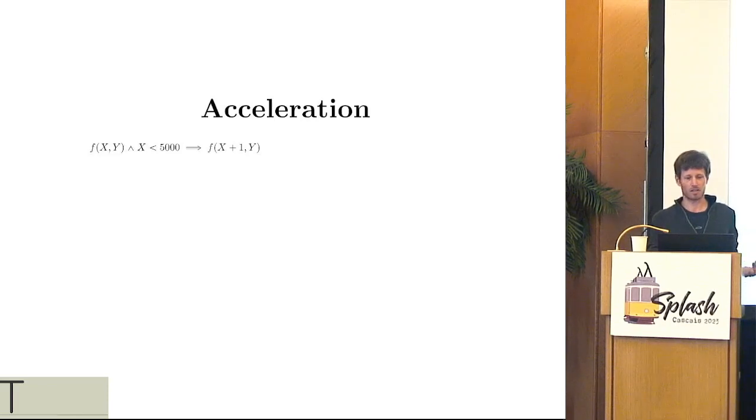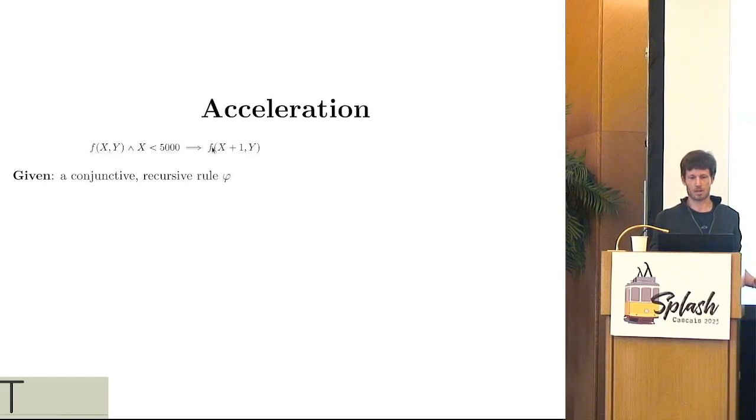Okay, now the goal of acceleration techniques is to take a clause like this one here, which is conjunctive because we do not have disjunctions in this constraint here. So in general, the theory part here may also contain disjunctions. And it's recursive because we have the same predicate symbol on the left-hand side and the right-hand side. Of course, in general, that does not have to be the case.